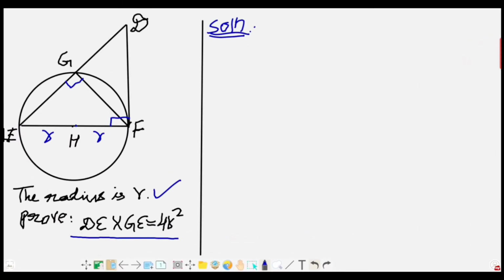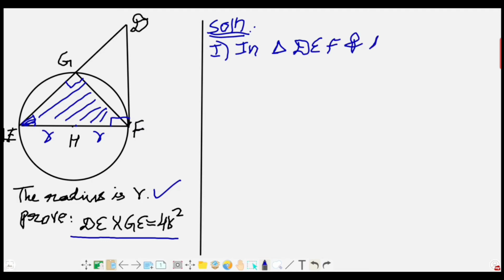Now I want to show that this small triangle and the larger triangle are similar. Why? Because one angle I already proved is perpendicular, 90 degrees. This is a common angle in the smaller as well as the larger. So in triangle DEF and triangle FGE, the sequence should be proper.